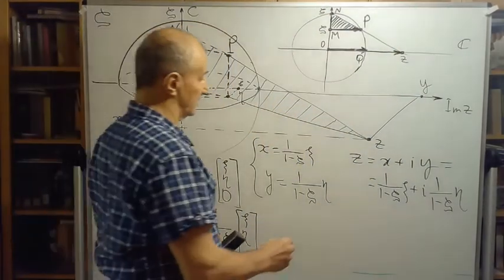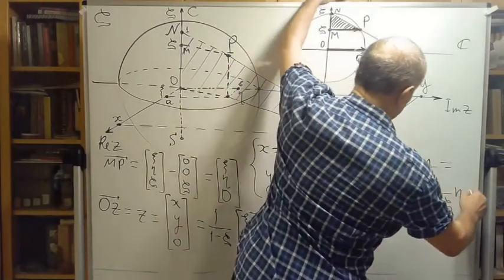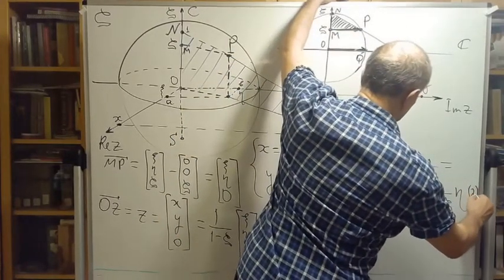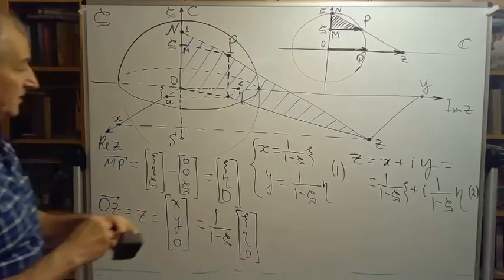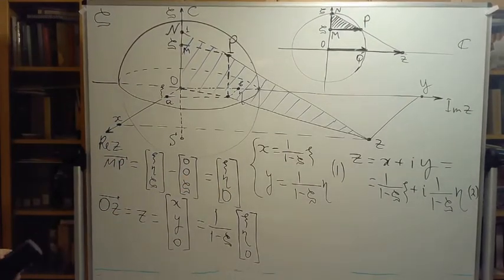So this will be formula 1, and you can take this as formula number 2, the connection between the coordinates of point P and the coordinates of complex number in the complex plane.